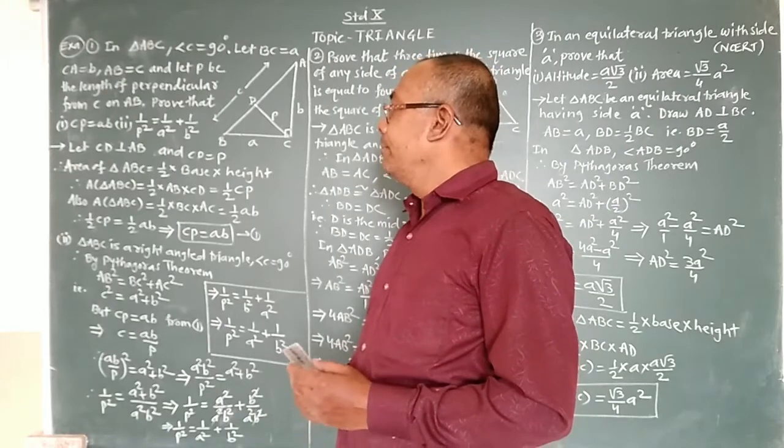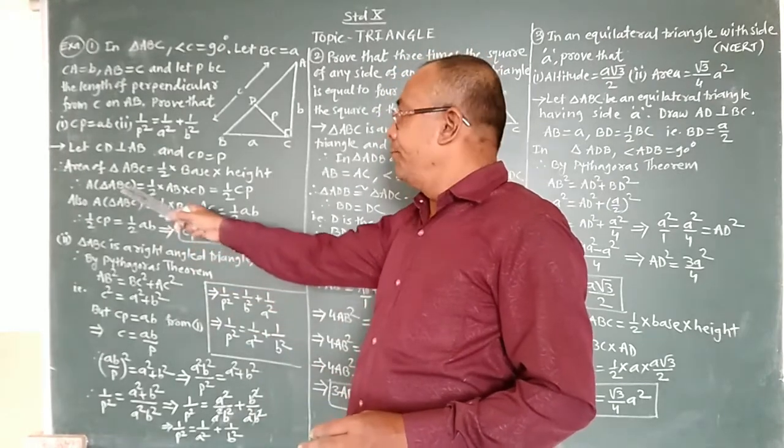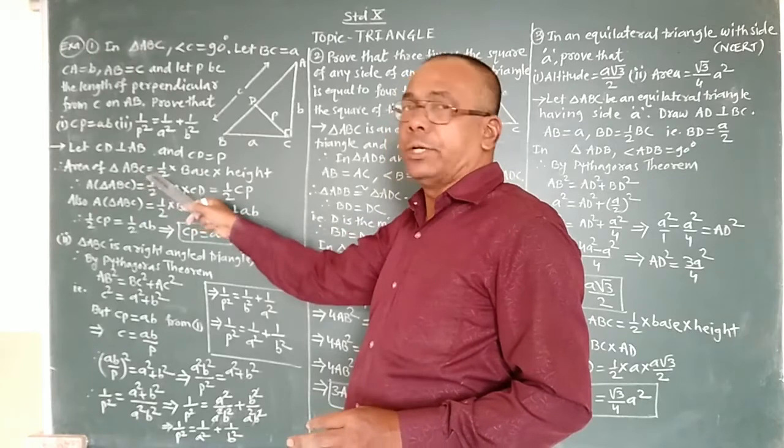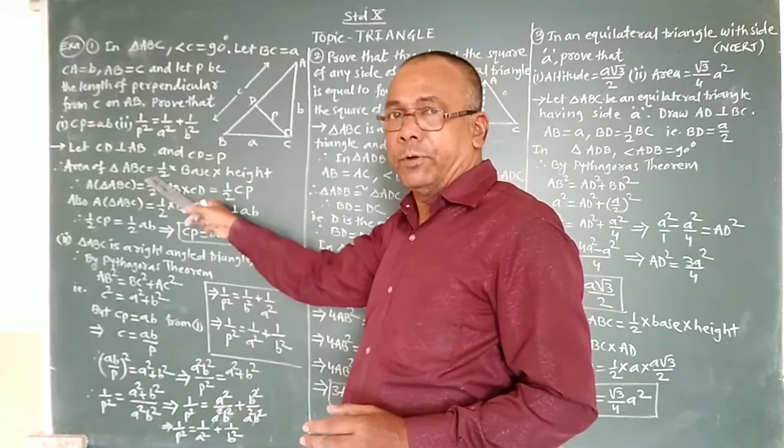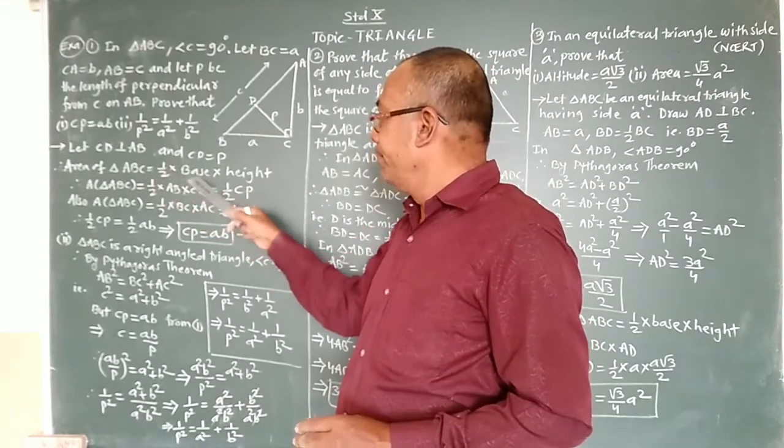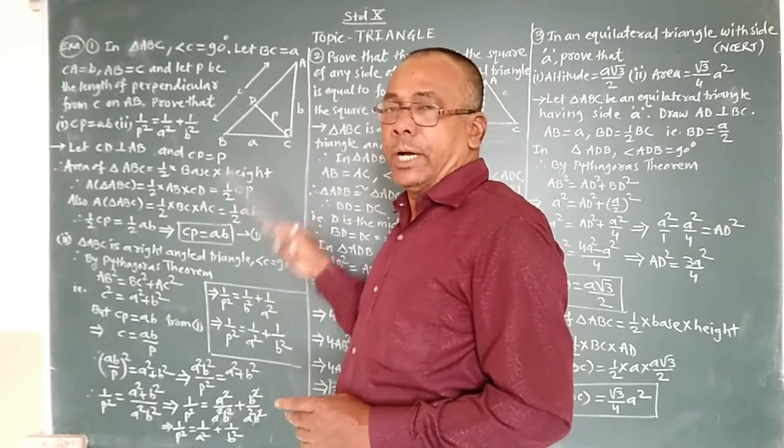And therefore area of triangle ABC, we know the formula for the area, that is 1/2 base into height.